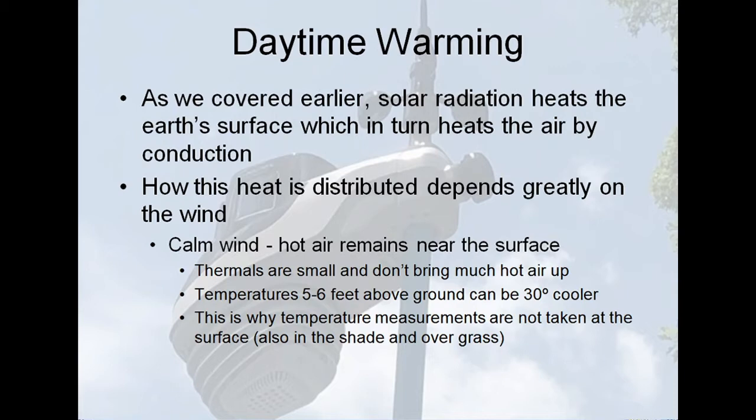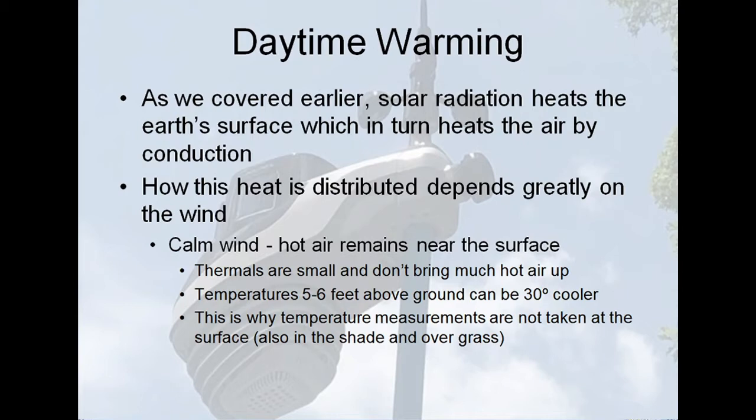Temperatures 5 to 6 feet above the ground can be 30 degrees colder, and this is why temperature measurements are not taken at the surface, and are taken in the shade or over grass. The National Weather Service has ASOS, automated surface observation systems, and if you purchase a weather station, they want you to put it about 33 feet up.